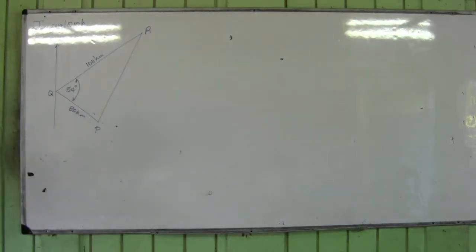The question says, the diagram below, not drawn to scale, shows the positions of 3 ports, P, Q, and R. Q is 80 kilometers from P. R is 100 kilometers from Q on a bearing of 66 degrees. Angle PQR is equal to 54 degrees.